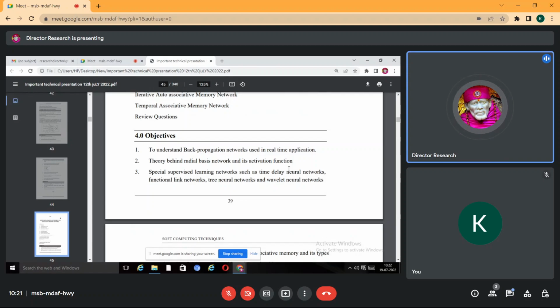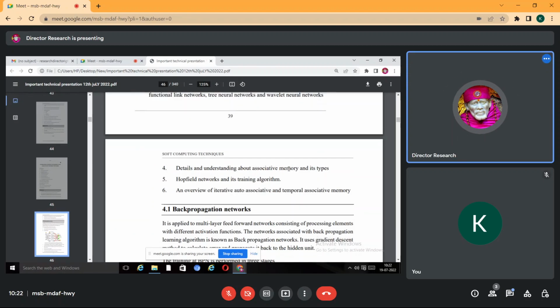Objective 2, theory behind radial basis network and its activation function. And objective 3, special supervised learning networks such as time delay neural networks, functional link networks, tree neural networks, and wavelet neural networks.